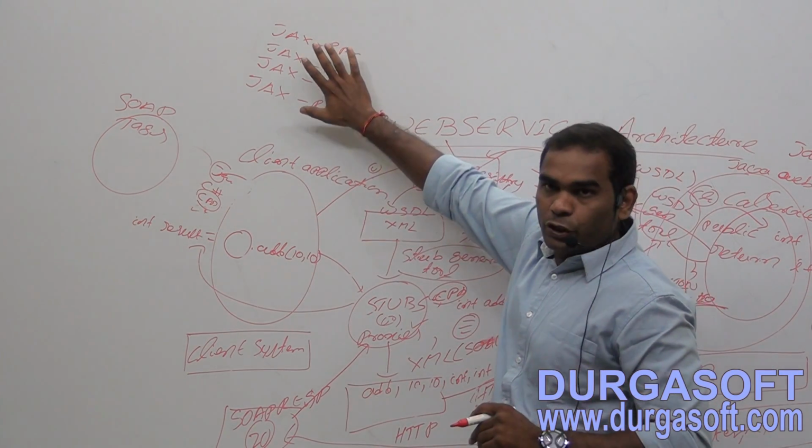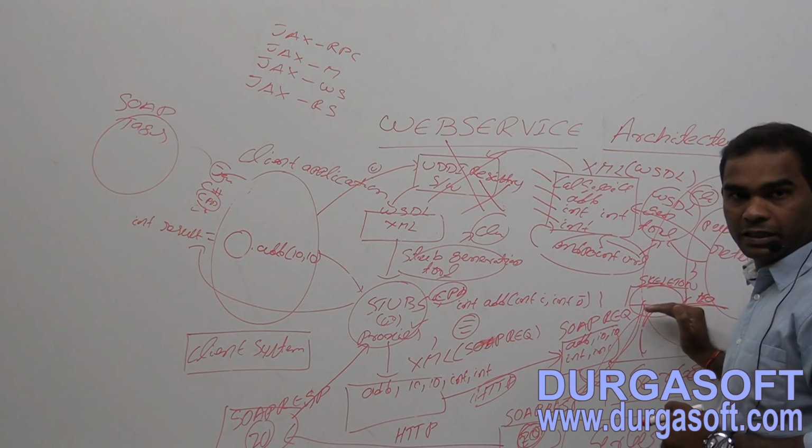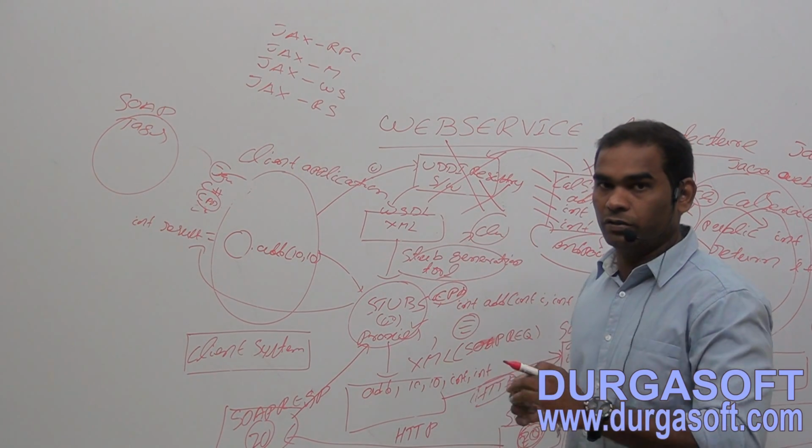These APIs should contain the generation tool, the skeleton, and in the same way the stub generation tools also.